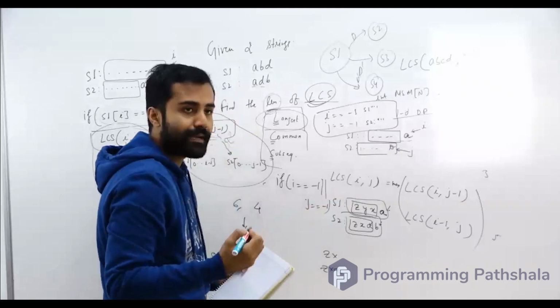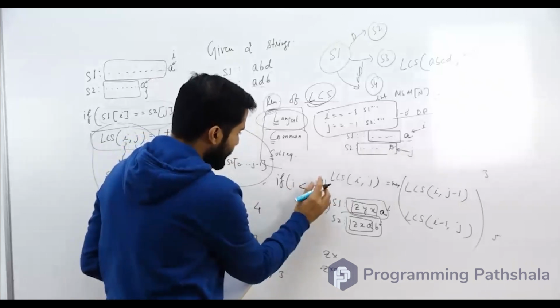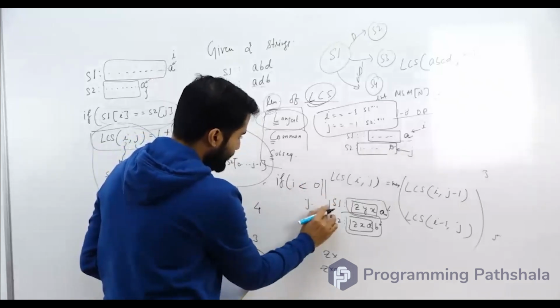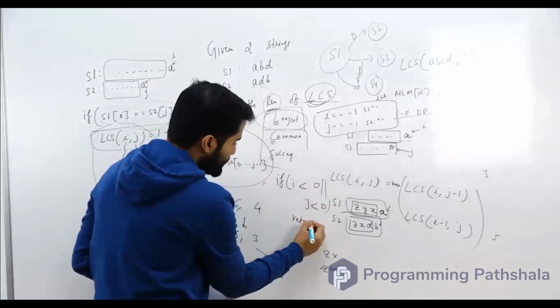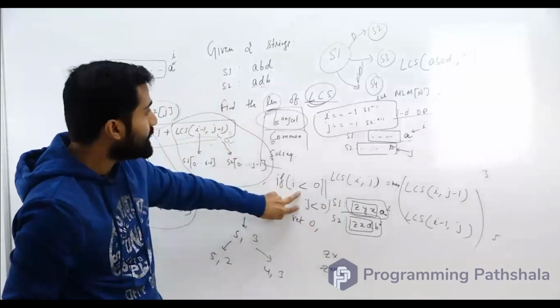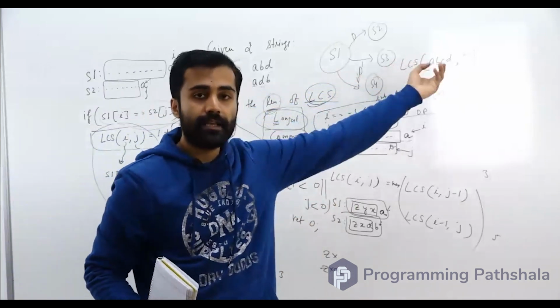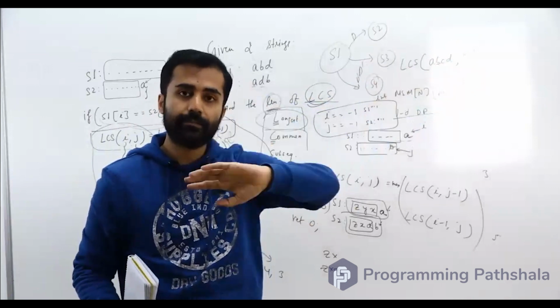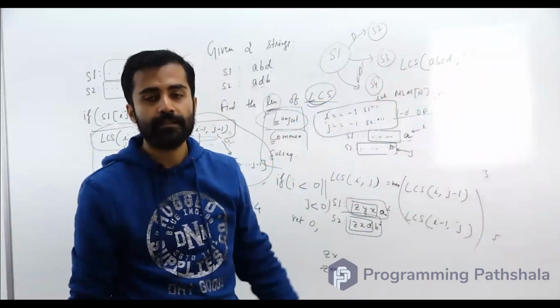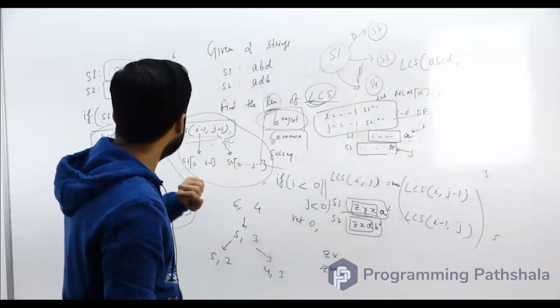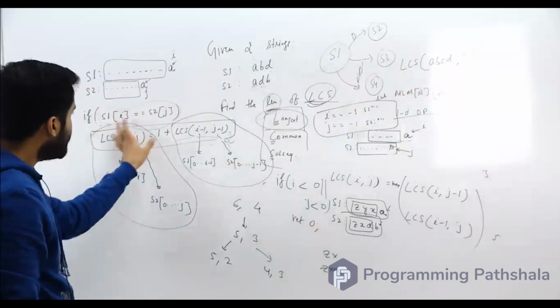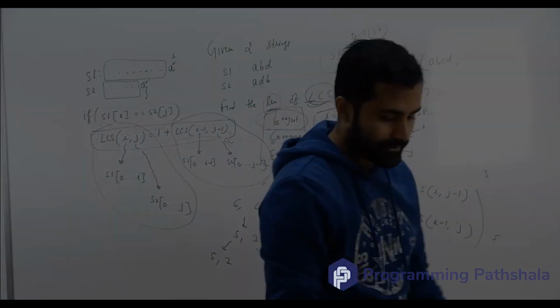If any of them is -1, or you can say if any of them is negative, whatever you are comfortable writing, then you would return 0. Because if either of these conditions is true, that means one of the substrings is empty, and LCS of empty comma something is 0 for sure. So that will be your termination condition. And then if this condition is true, you will make this call, otherwise you will make that call.